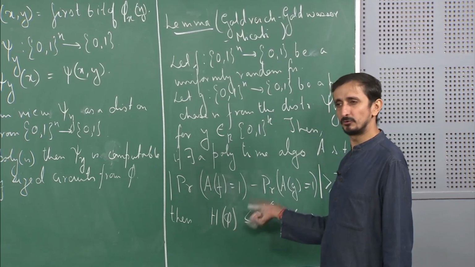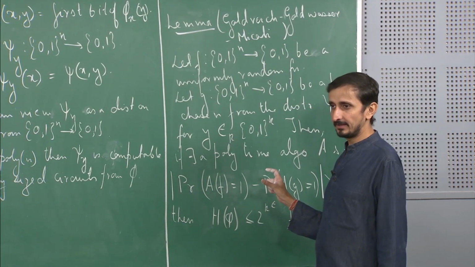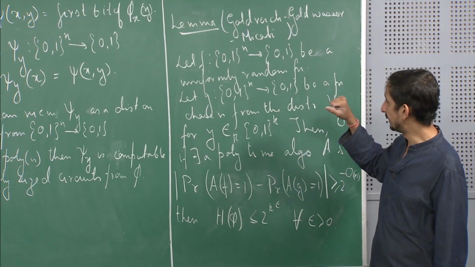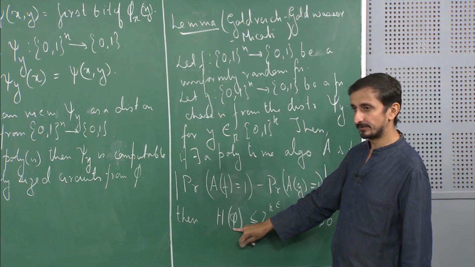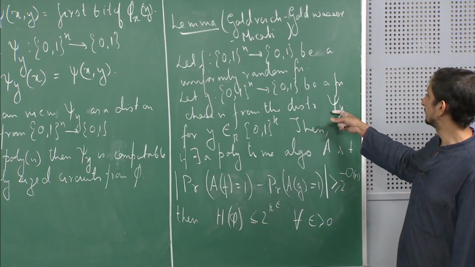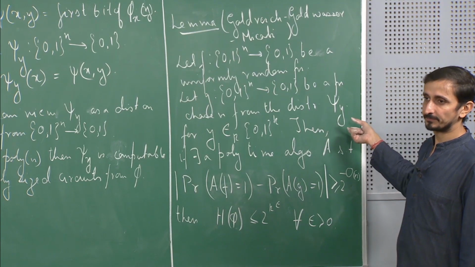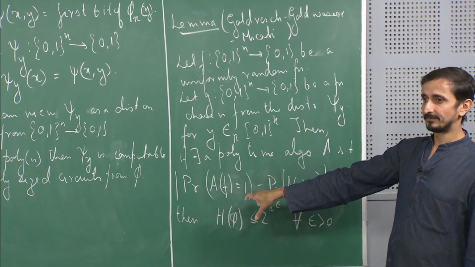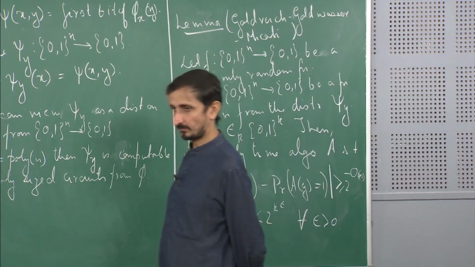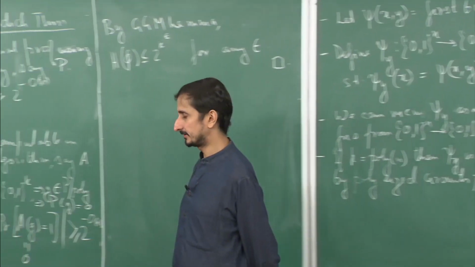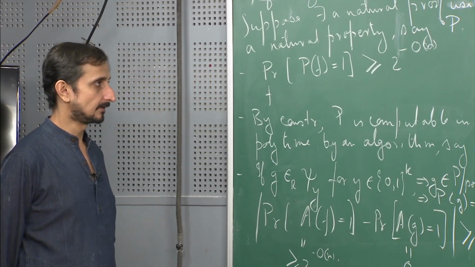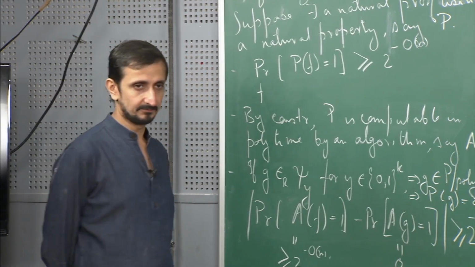You fix any pseudo-random generator phi. I should have said it somewhere over here that you take any pseudo-random generator phi, because only when you take a pseudo-random generator phi will you be able to construct this distribution psi y. It corresponds to phi. Once you have that, then this follows. Okay. So next time we'll complete the proof of this lemma.